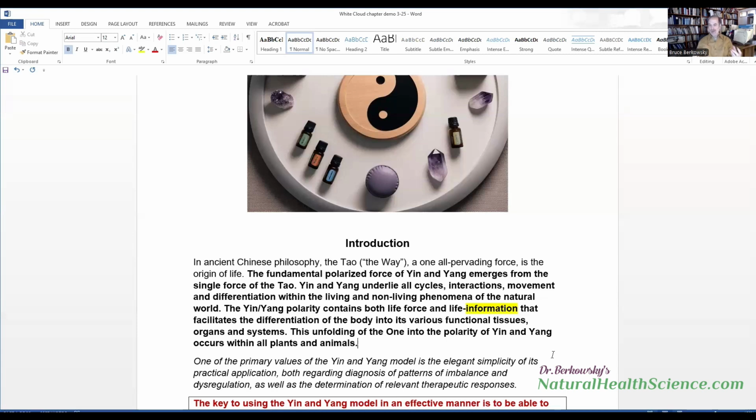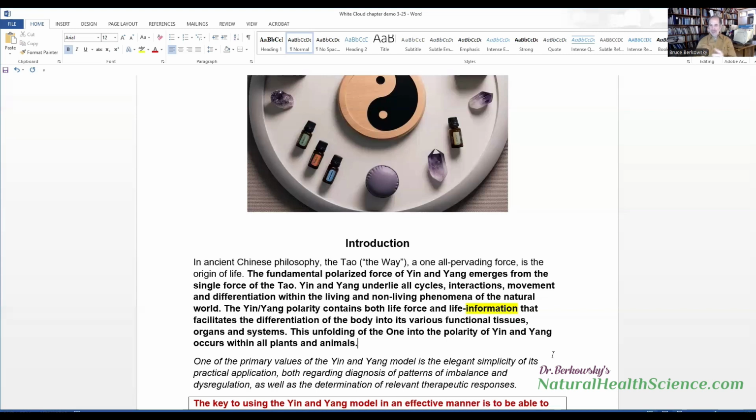And it's this stored information in the non-local dimension that somehow is transferred into the material world, into this universe, into this dimension, and provides all living creatures, all living beings, all living plants with the understanding of what it needs in order to be able to survive and thrive in this world.